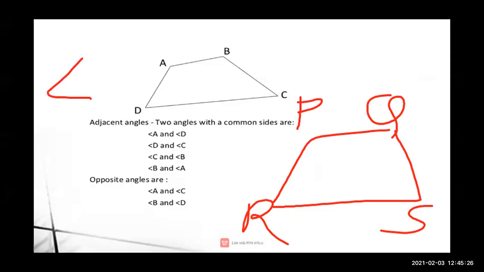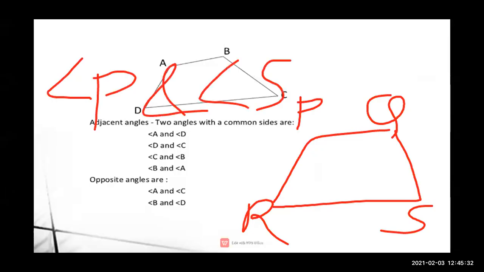Angle P and angle S. We have to make pairs. This will be our first pair, angle P and angle S. Now what is the second pair? Very good. Second pair is R and Q. So you will write the angle symbol for angle R and angle Q.